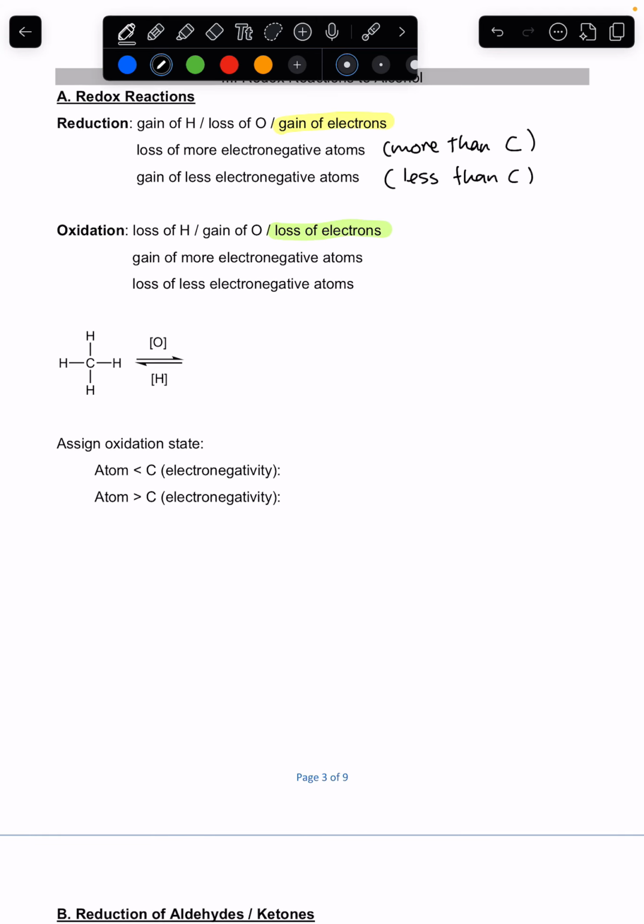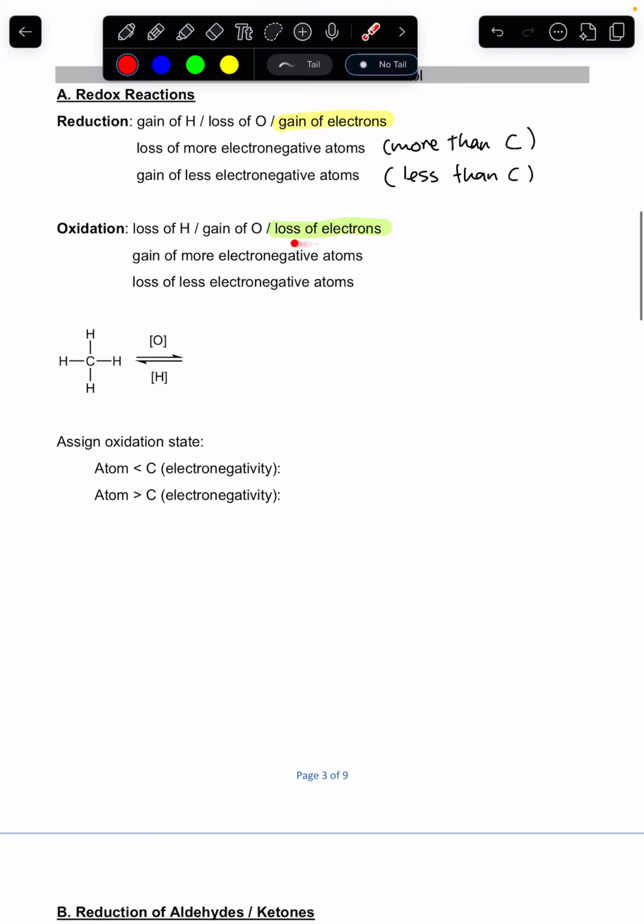If you gain oxygen, which is very electronegative, it's going to suck up your electron density, so that is loss of electrons. And hydrogen, which is willing to share electrons with you, if you lose that, it's like loss of electrons. So if you gain atoms that are more electronegative than carbon, that's like losing electrons, so that's oxidation. And if you lose less electronegative atoms, that's oxidation as well.